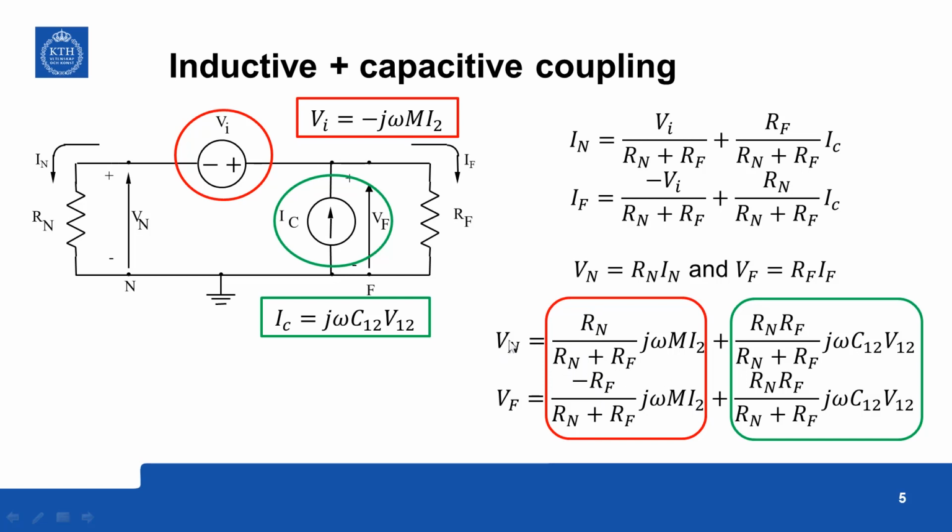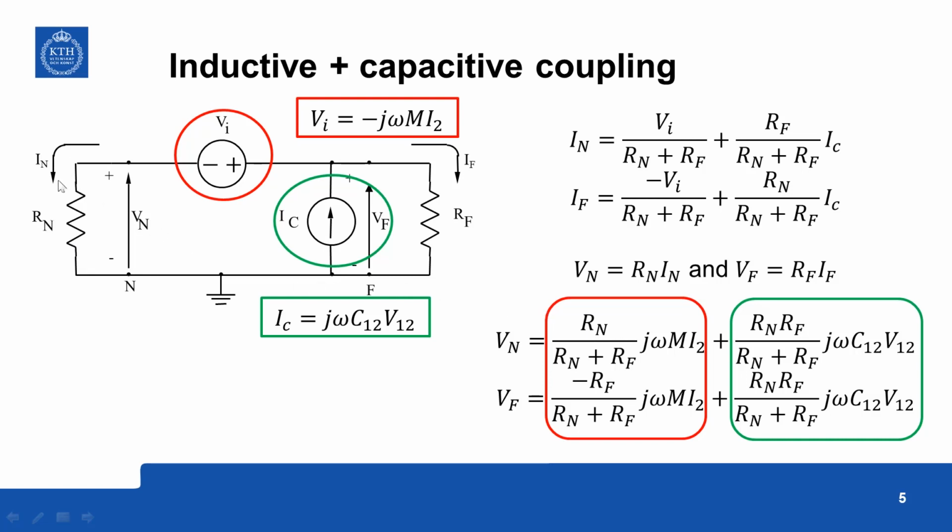Also you will see that in the near end the crosstalk voltage is higher compared to the far end, because here these two terms are cancelling, or they have opposite polarity, while here it is the same polarity. So near end crosstalk is higher.